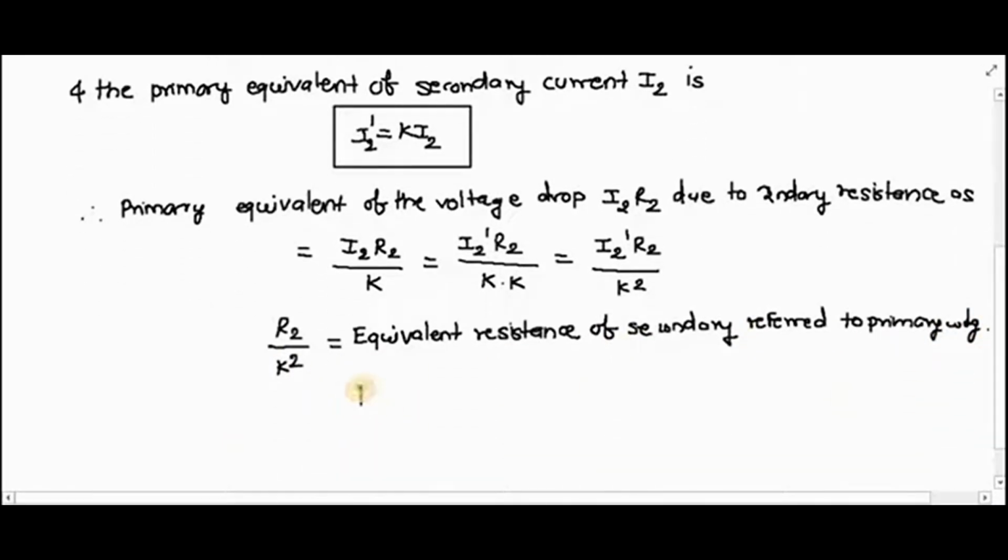If I am transferring R2 to the primary side, it will become R2 dash, which equals R2 by K square. Let us give this as equation number 3.